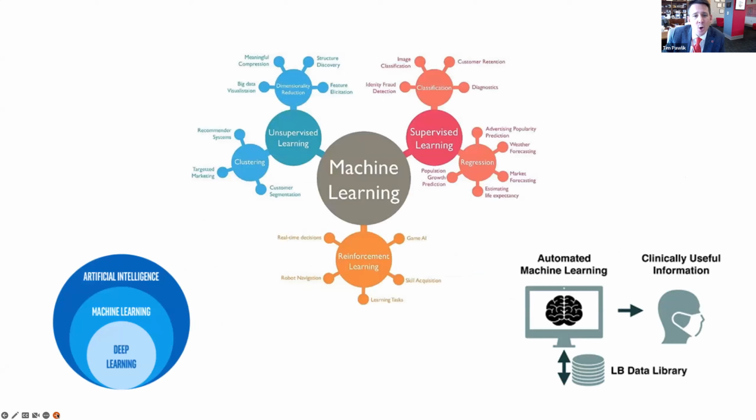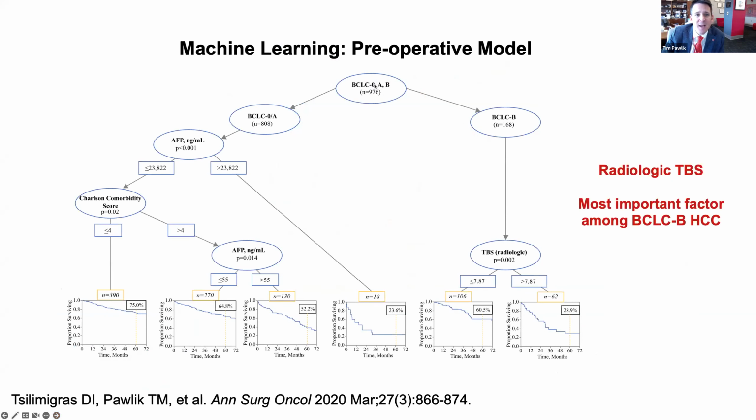And as you know, machine learning is a powerful tool in which we can use either supervised learning or unsupervised learning to iteratively look at the data, informed by clinical information, but not biased by human input, to help identify different nodes within the machine learning algorithm that are prognostically important.